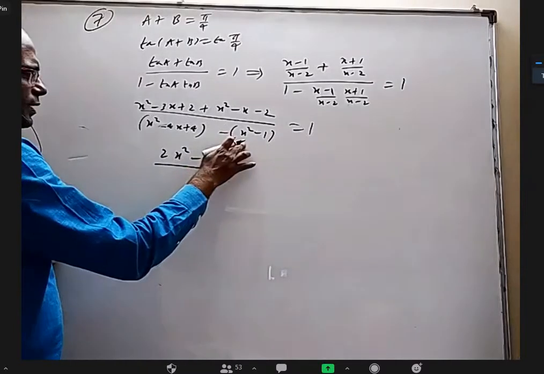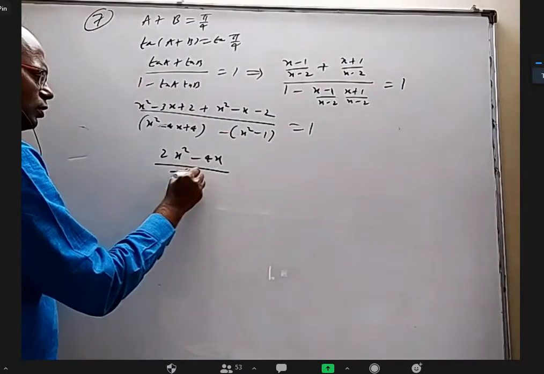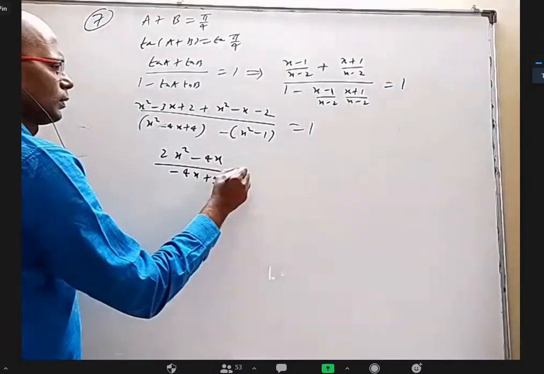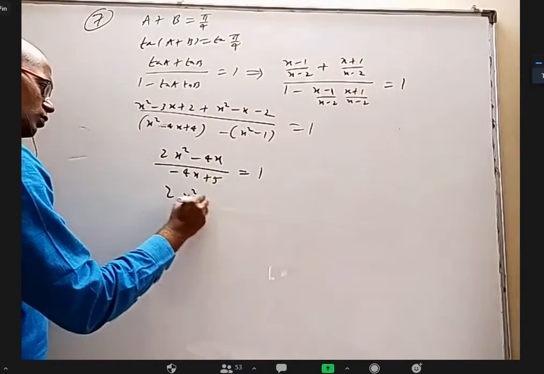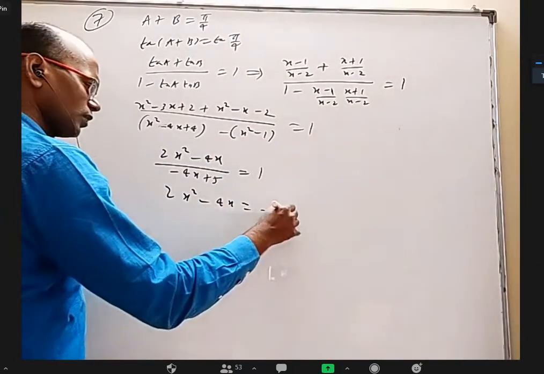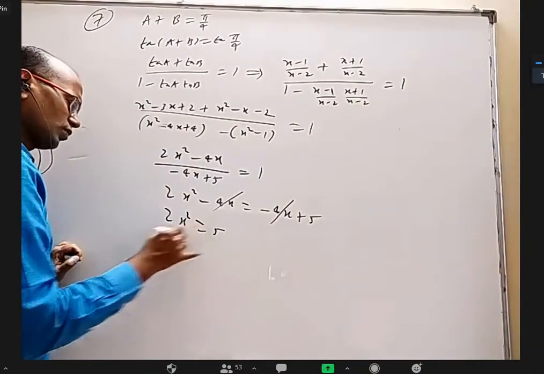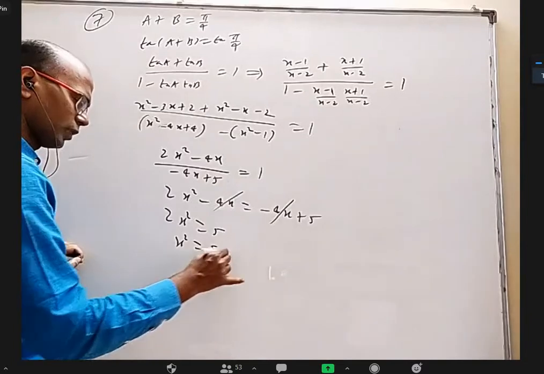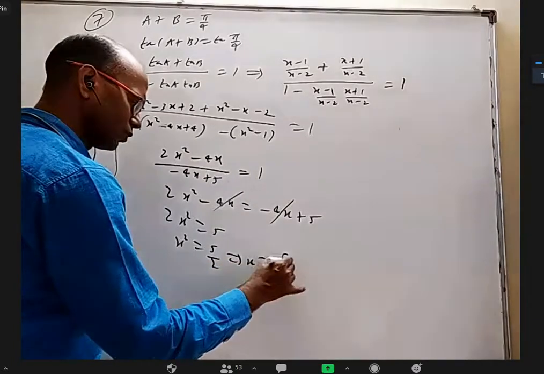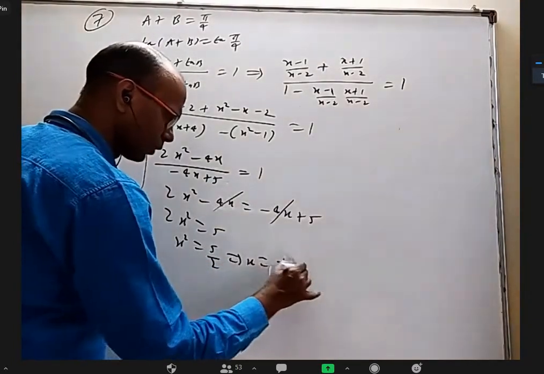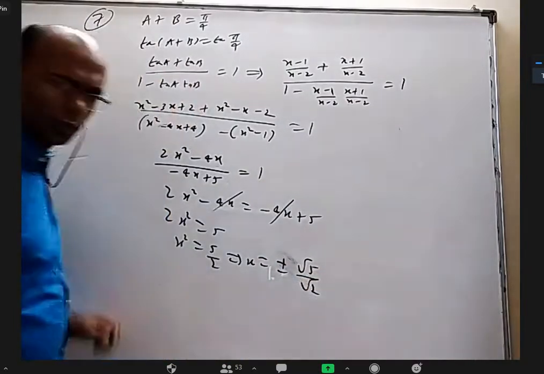Here x square will cancel. Minus 4x plus 5 is equal to 1. 2x square minus 4x equal to minus 4x plus 5. Minus 4x also got cancelled. 2x square equal to 5. x square equal to 5 by 2. x is equal to plus or minus root 5 by root 2.